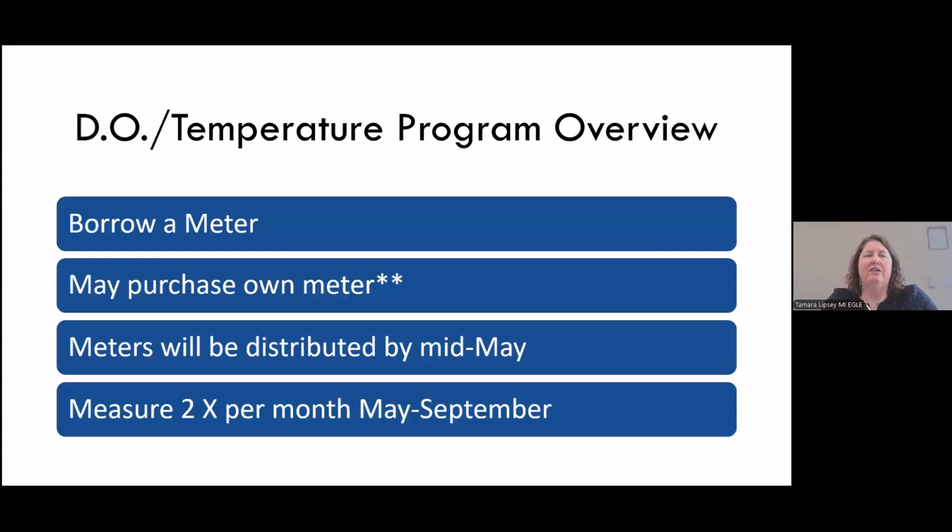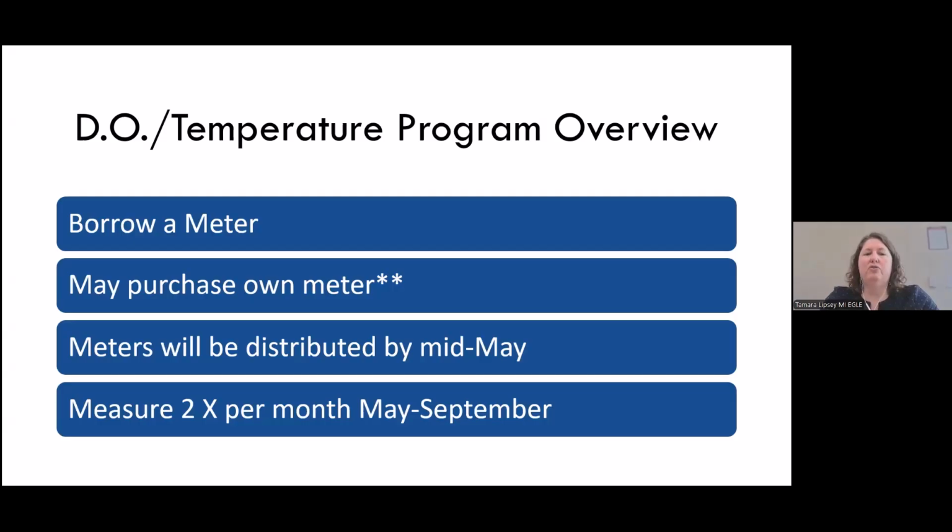So we do have a limited number that we can give out to everyone. So some people choose to purchase their own meter. If you borrow one of our meters, I do the maintenance on it, which isn't a ton, at the end of the year and at the beginning of the year to make sure it's ready to go.